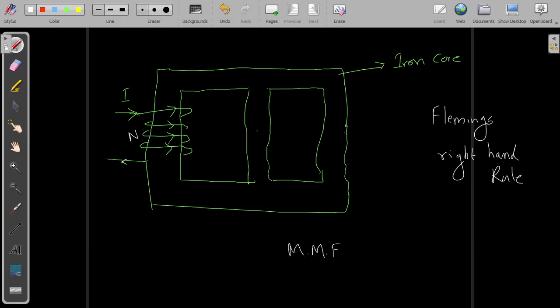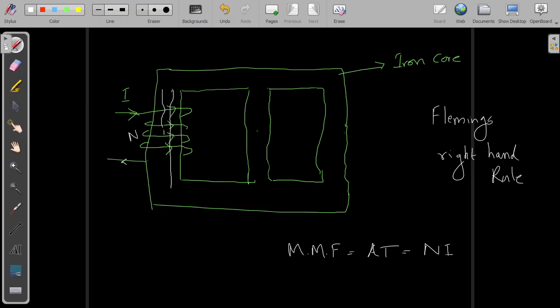MMF, magnetomotive force, or ampere turns, AT, will be generated, and that AT will be equal to NI. That is magnetomotive force. Now that magnetomotive force will drive a flux, and the direction of flux will be like this.